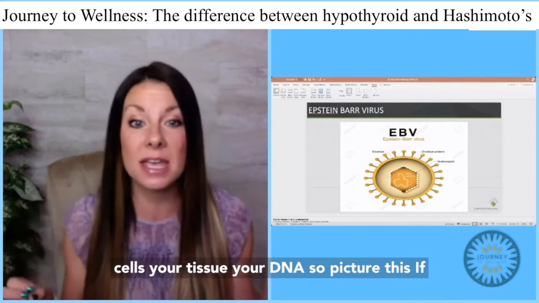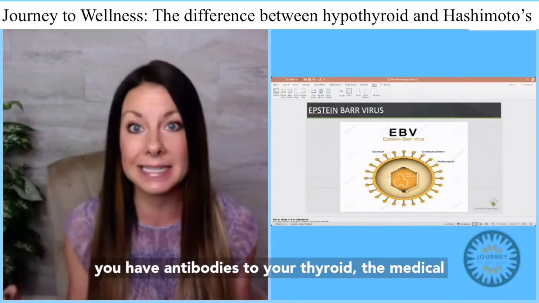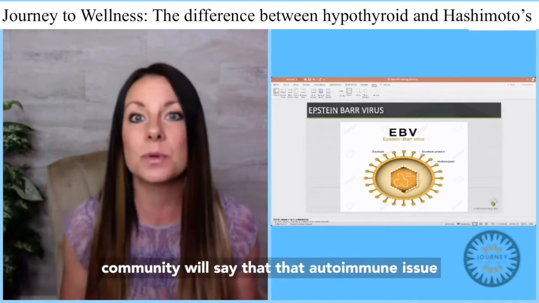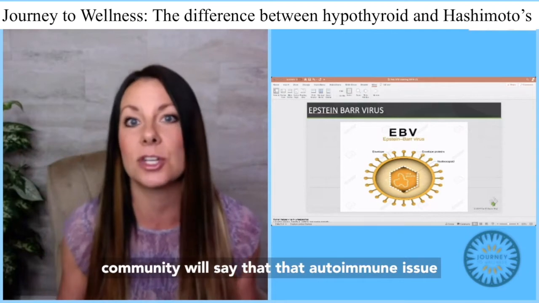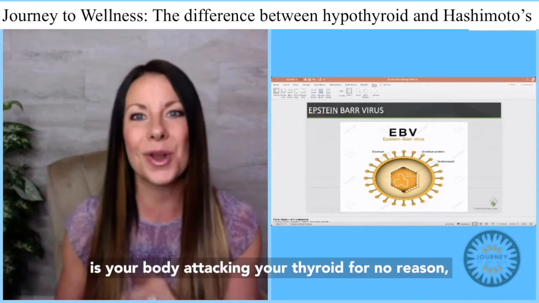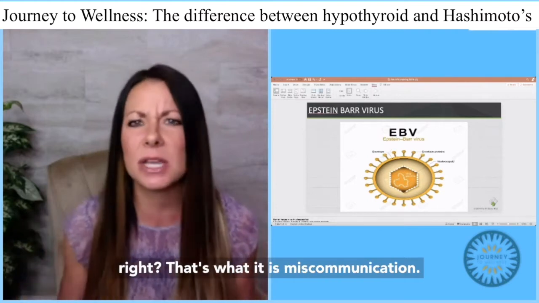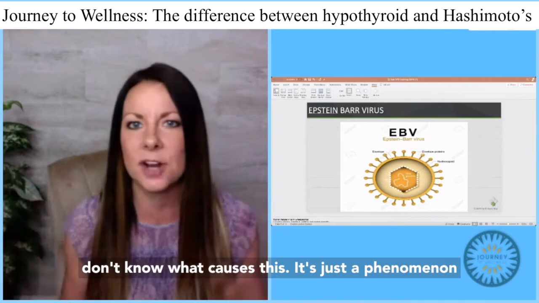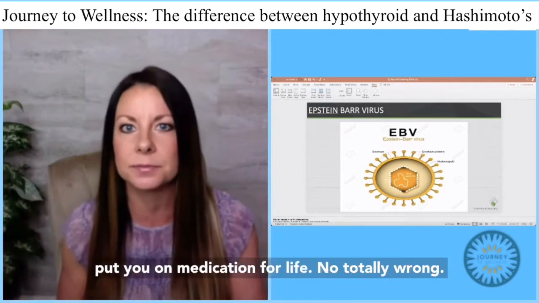So picture this, if you have antibodies to your thyroid, the medical community will say that that autoimmune issue is your body attacking your thyroid for no reason, right? That's what it is. Miscommunication, your immune system's attacking itself. We don't know what causes this. It's just a phenomenon. Let's put you on medication for life.